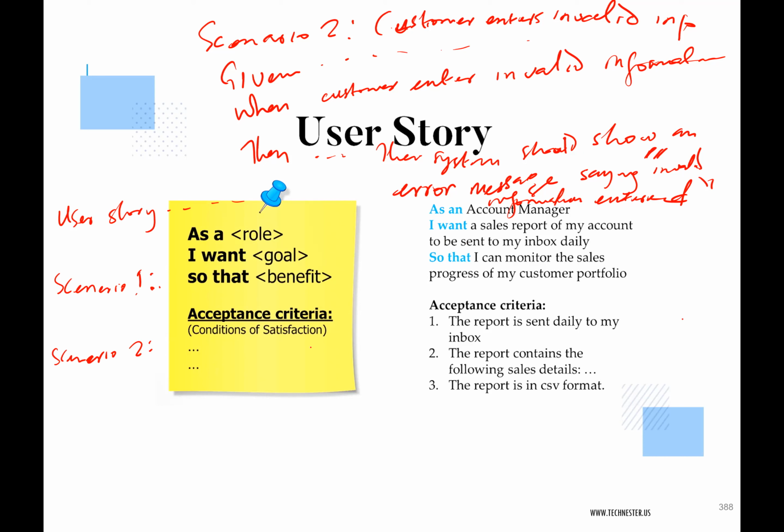Okay, when the customer enters valid information, this is what should happen. When the customer enters wrong information, this is what should happen. And so the testers would test all those scenarios to see that what the developer has developed actually conforms to the user story and acceptance criteria you wrote.